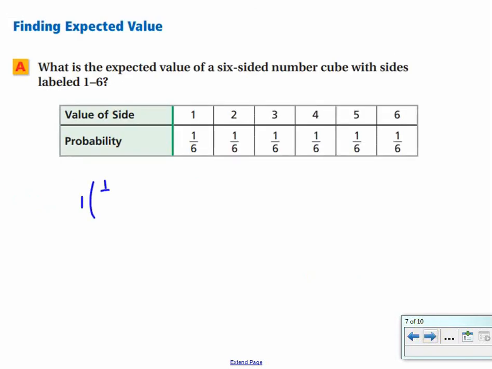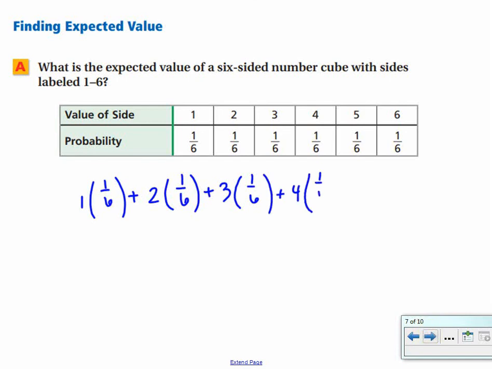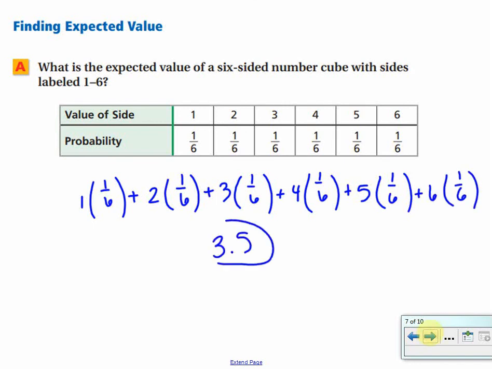So I have a 1/6 chance of rolling a 1, a 1/6 chance of rolling a 2, and so on, all the way to 6. When I multiply those all out and add them up, I get 3.5. So the expected value of rolling a standard six-sided number die is 3.5.